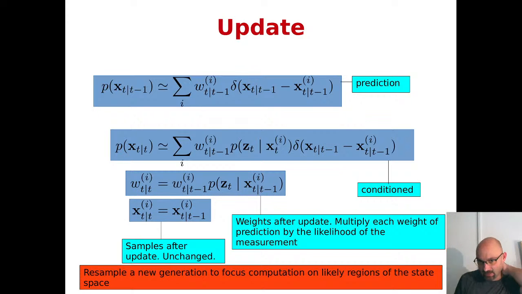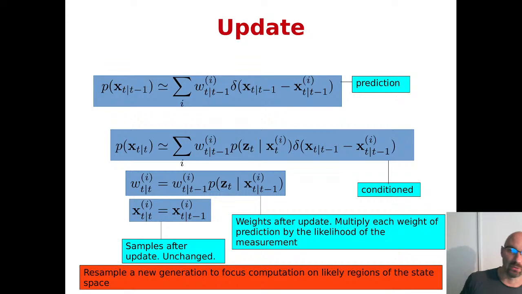And then we are with a computer and we want to be fast. So it's quite impractical to carry on a huge number of samples if only a subset of them is meaningful to me. So it makes completely sense to resample or to kill the particles that have low weights.